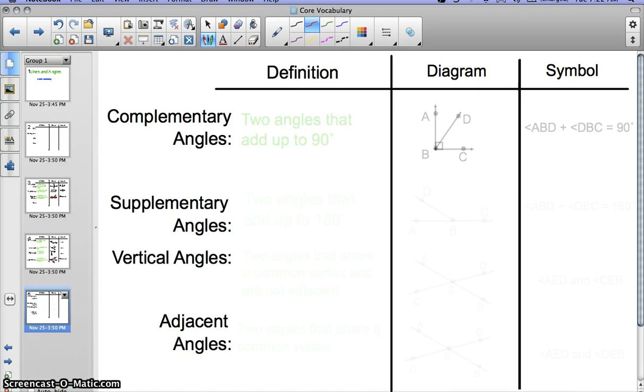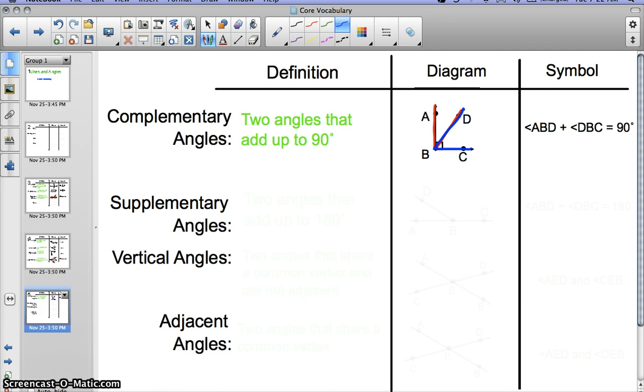Complementary angles. We're talking 2 angles that add up to 90 degrees. So if we look at angle ABD, let me see if I can outline this for you. Okay, ABD, they're saying plus DBC. So we're going to add in the blue one.